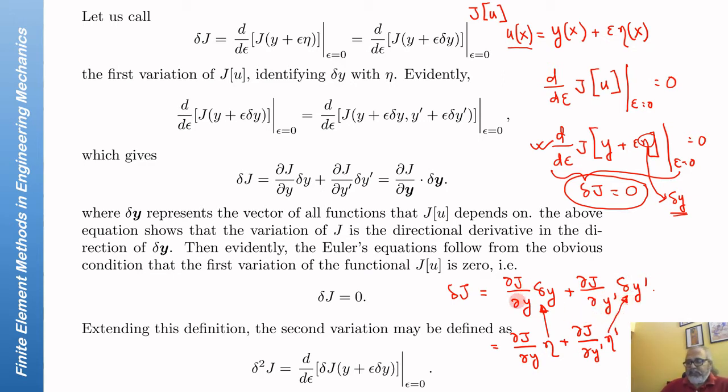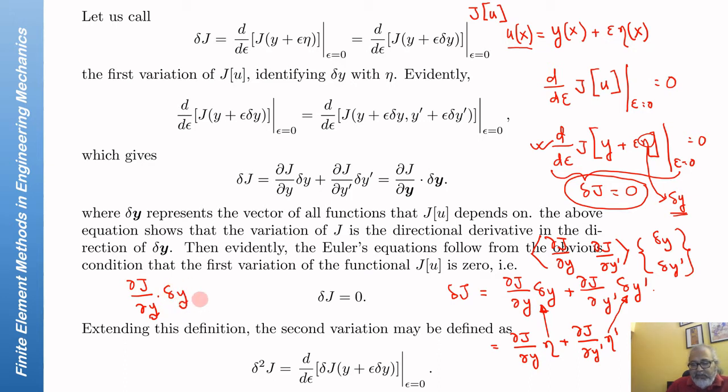So this is how we write it, and we can write it in an even more succinct way, like del J del y prime times delta y prime, which we can write as del J del vector y dotted with delta vector y, where delta y is the set of all variations of the functions that J depends on.